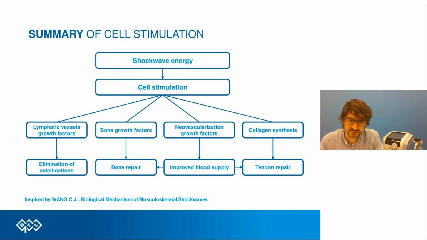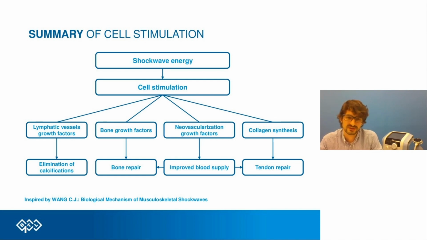Another cell stimulation is used for the bone growth factors and to cause bone repair, as with non-healing bone fractures, pseudoarthrosis. Another effect is collagen synthesis when it comes to disrupted tendons, where we are able to increase the production of collagen and cause tendon repair.